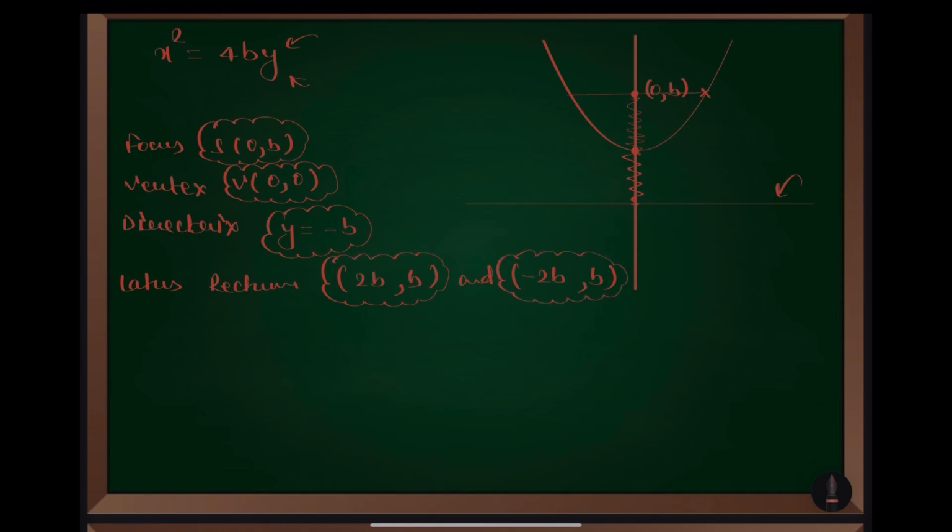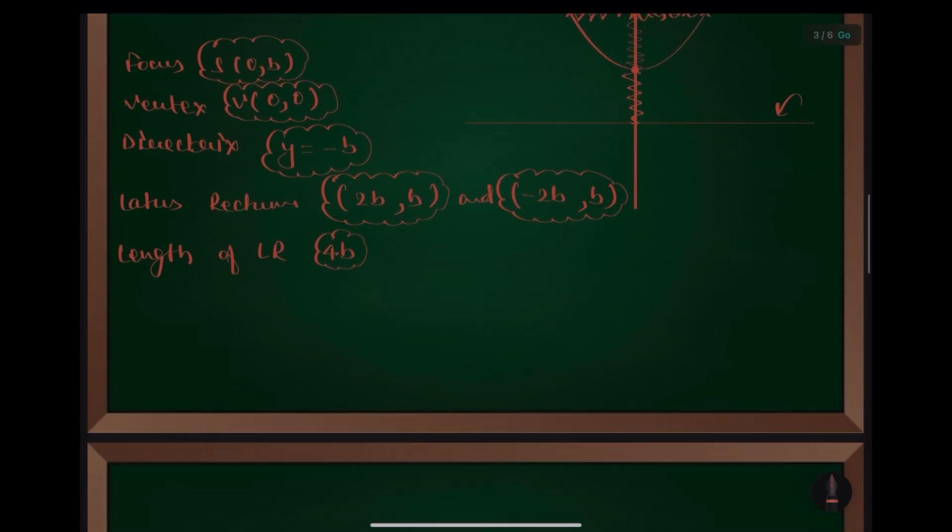Comfortable? Now if I ask you the length of latus rectum, these words, this technicality, you should have great command. You know that you have to go 2 steps this way. Also you can use the 2-point form, you will get the same result. So it is 4b. Earlier we were getting 4a in both situations, now you will get 4b. Comfortable? Now this is upper opening parabola.